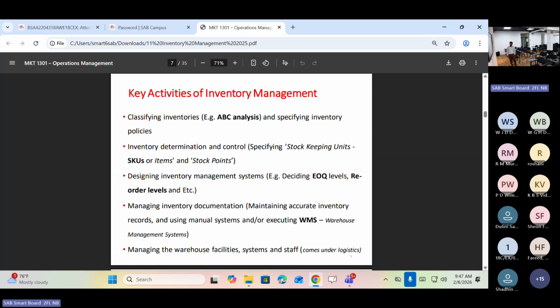So after a small break, we will start with ABC classification, one of the main inventory classification techniques we see in practice, and then some basic inventory management models like economic order quantity models, and some of the calculations that we will discuss as the final part of our topic.